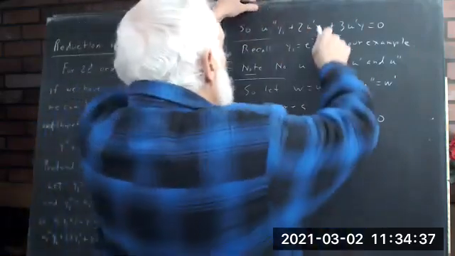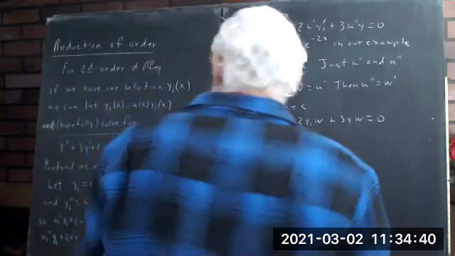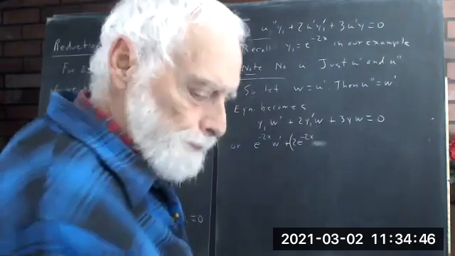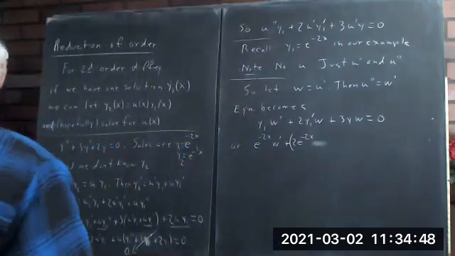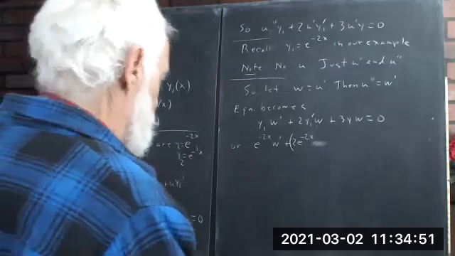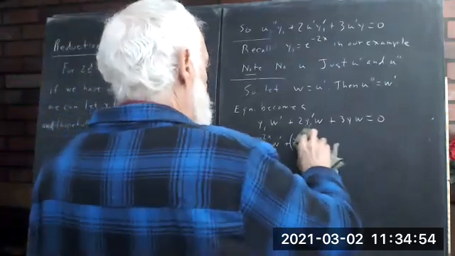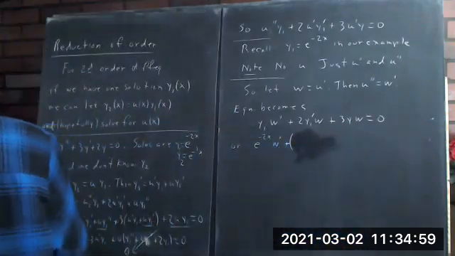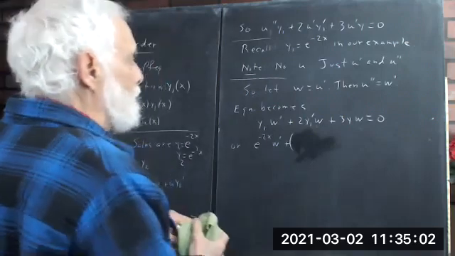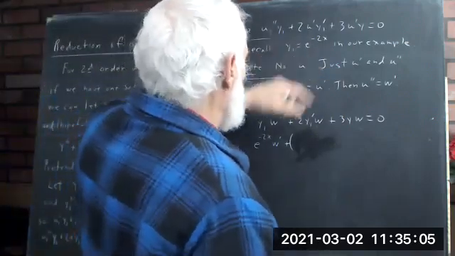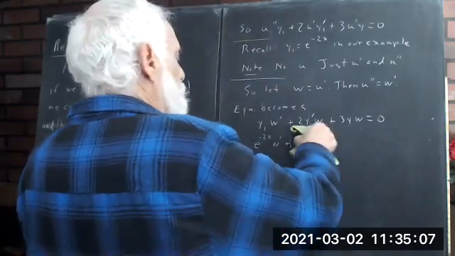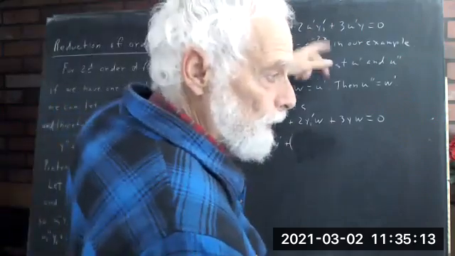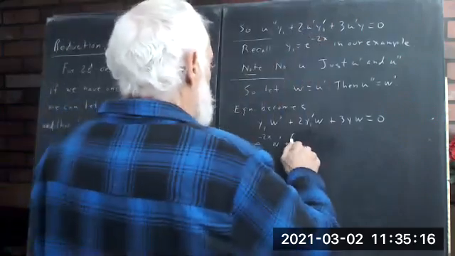We should have a y1 prime here, so I'm going to have to fix that. y1 prime, of course, y1 is e to the negative 2x, and the derivative of that is negative 2 e to the negative 2x. So 2 y1 prime is going to be negative 4 e to the negative 2x.